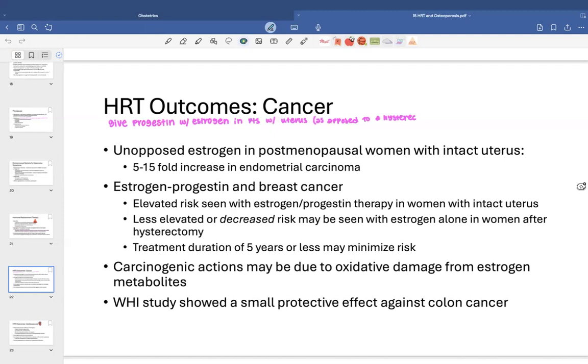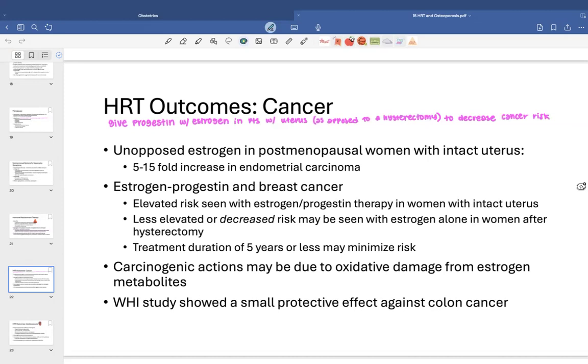If they had a hysterectomy, completely removing the ovaries and uterus, baseline estrogen levels are even lower, and then you give a hormone replacement, you may actually see not just a less elevated risk, but perhaps even a decreased risk of breast cancer post-hysterectomy. Again, you're giving estrogen alone if they already have a hysterectomy.